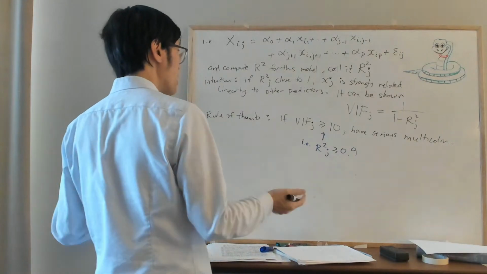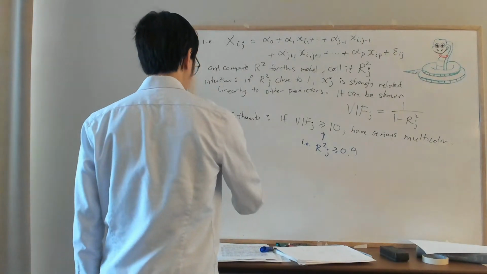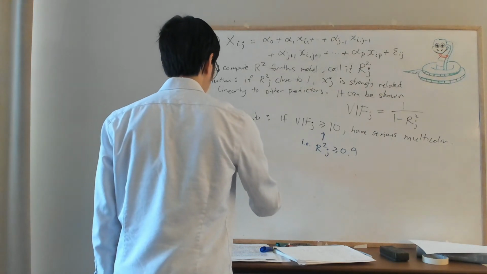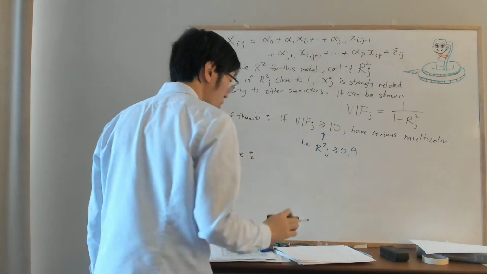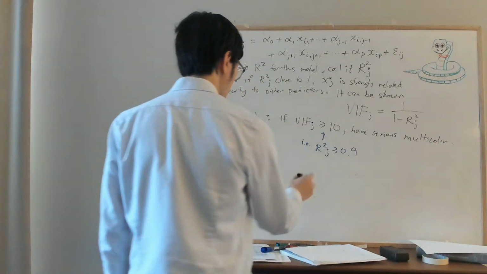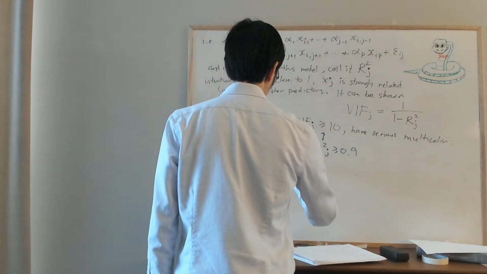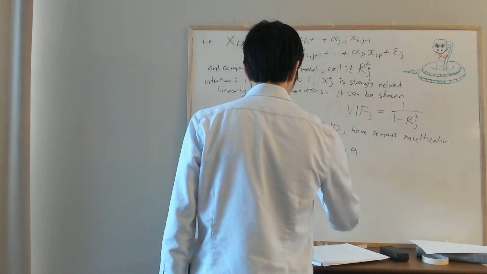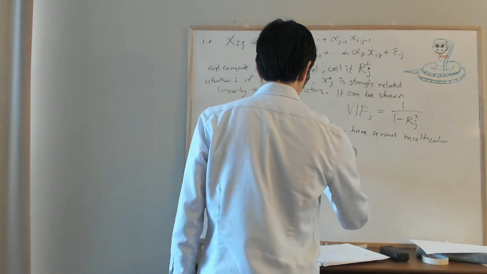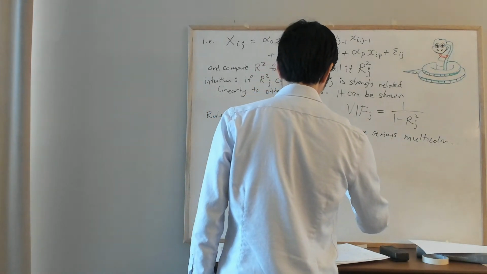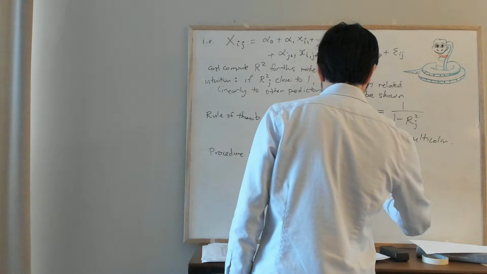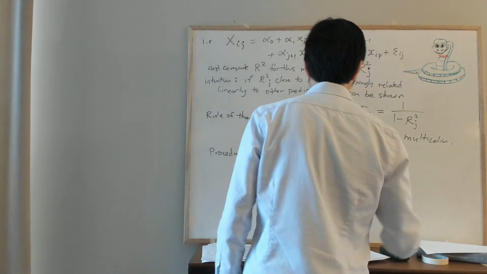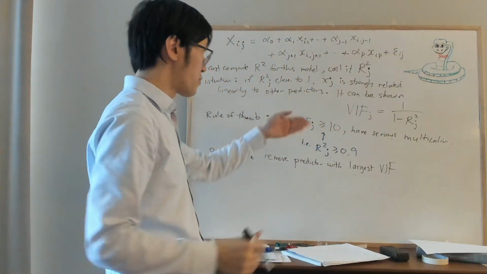As a procedure, practically speaking, we could recommend this as a way to solve the multicollinearity: we can remove the predictor with the largest VIF if it exceeds some threshold, for example 10.